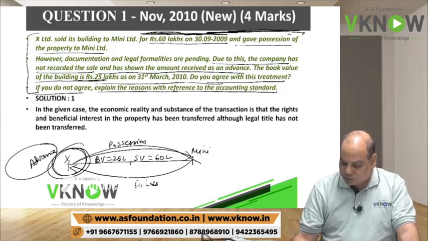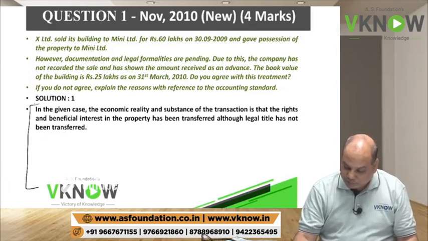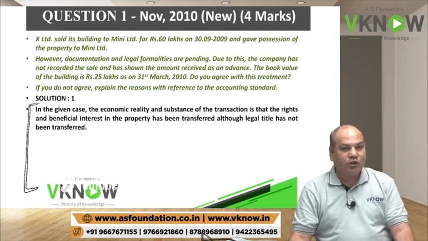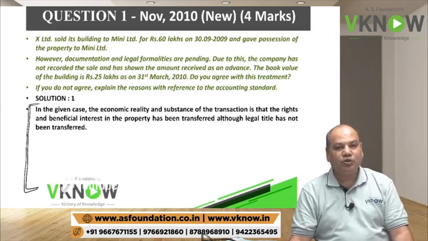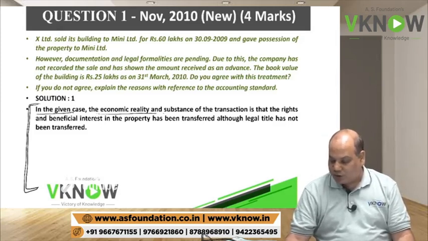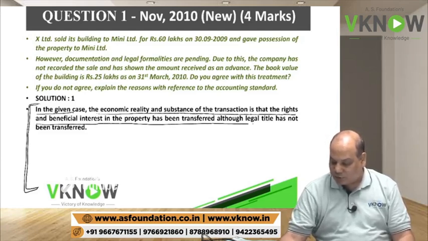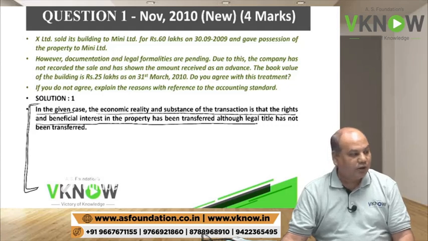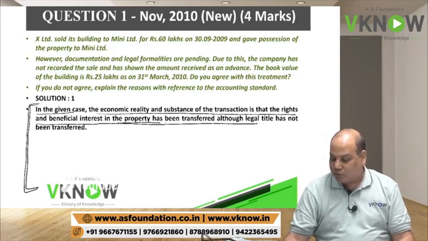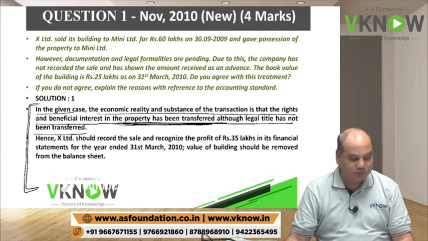So this is the answer in your book. Your answer in the exam has to be written very nicely. You will not just say record sale, don't record advance, over. You have to write: in the given case, economic reality and substance of the transaction is that rights and beneficial interest in the property have been transferred. That means all the necessary formalities required to transfer the property have been done, even though the legal title, which is a legal formality, has not been done.